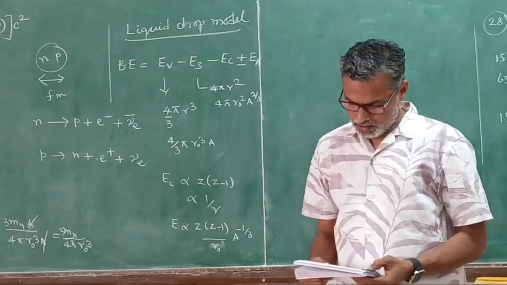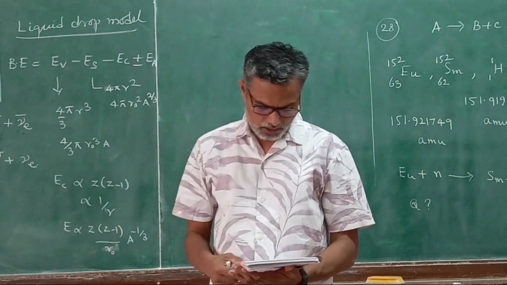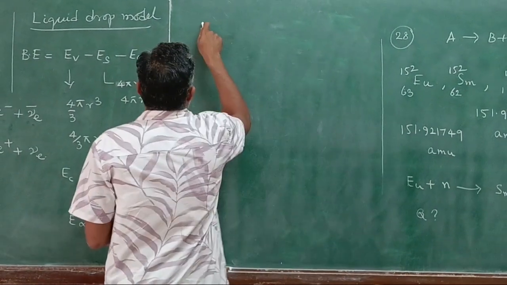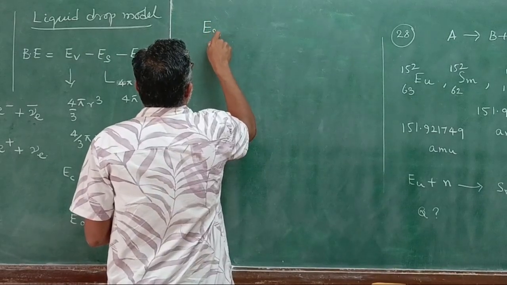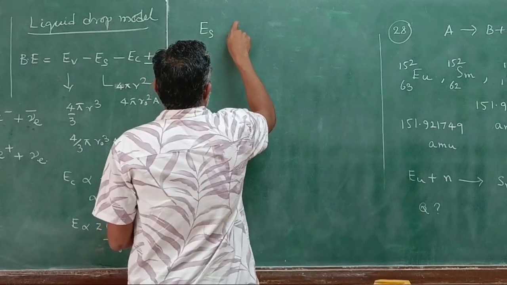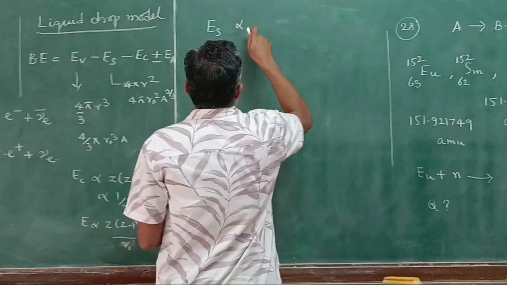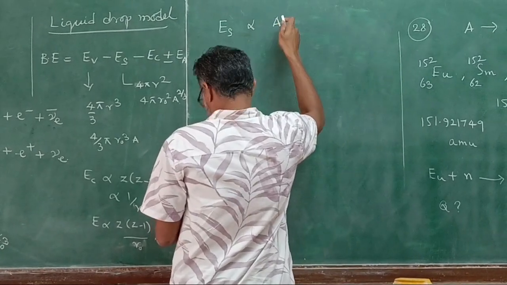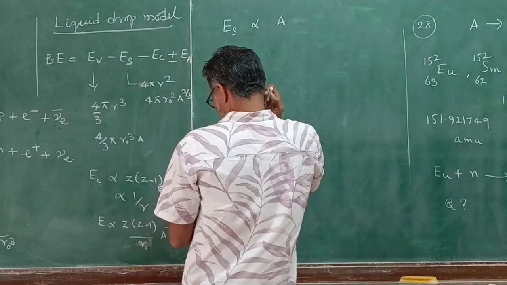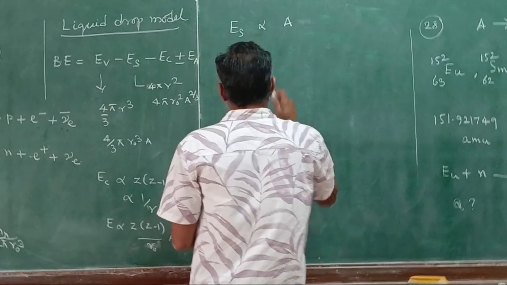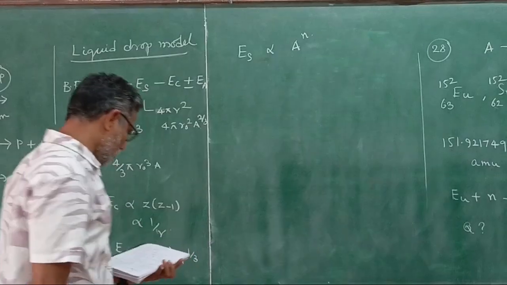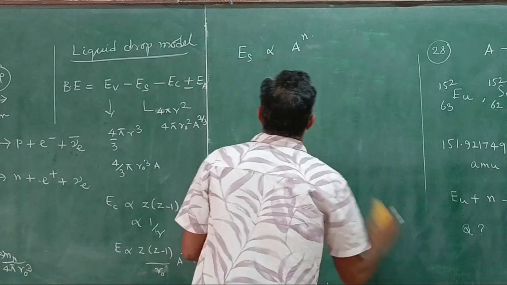This term depends on the mass number A of the nucleus. It is a very straightforward question. What is asked: ES is proportional to what power of the mass number A? Again, what is asked, or how it varies.